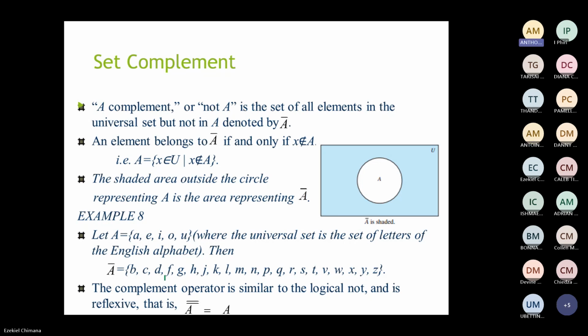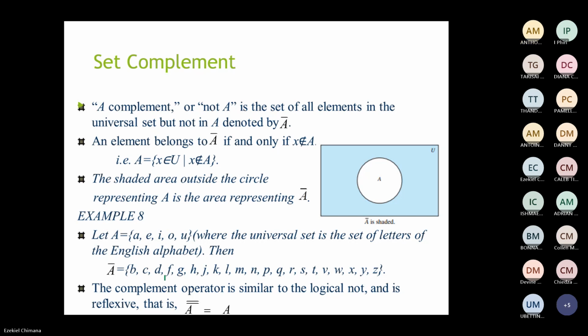An element x belongs to the complement of A if and only if x is an element of U and x is not an element of A. The shaded area outside the circle representing A is the area representing the complement of A.